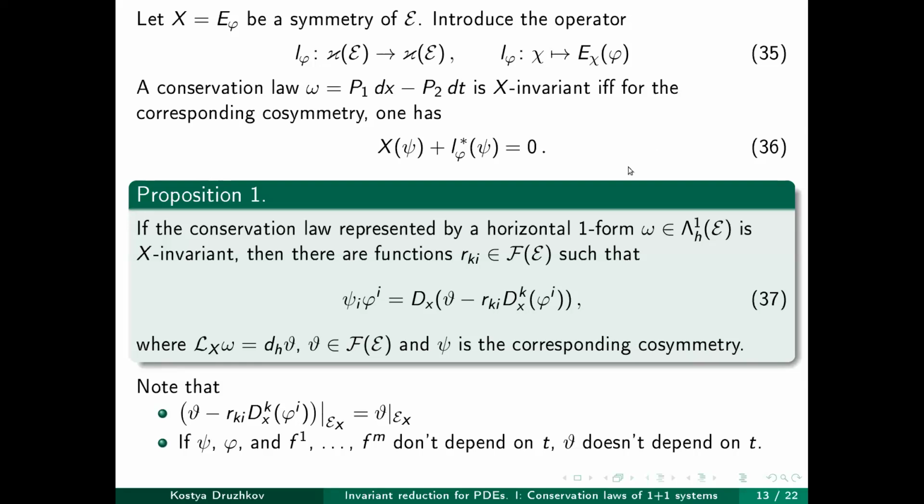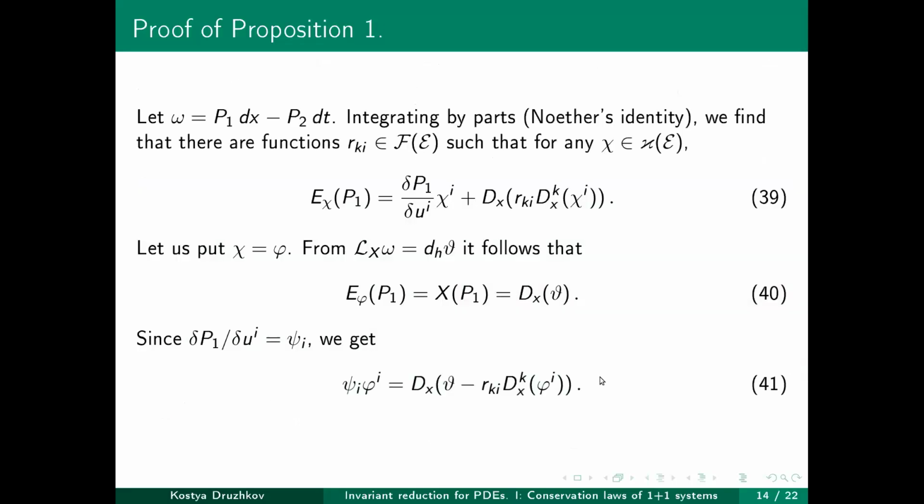It's easy to see this fact from the right-hand side of formula 37. So if nothing depends on T on the left-hand side, then nothing depends on T on the right-hand side, so we find the corresponding argument up to an additive function of T. But when restricted horizontal differential on the invariant system, nothing depends on T. So the corresponding potential must not depend on T as well, because of that.